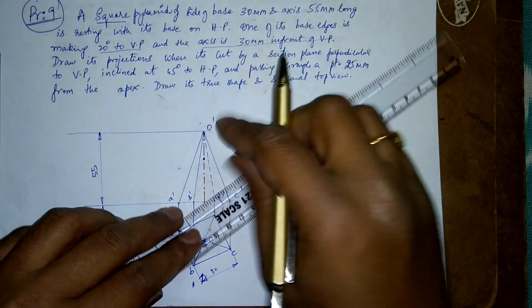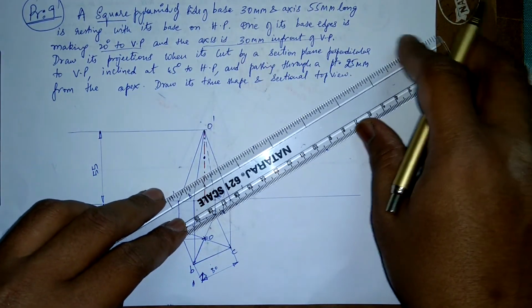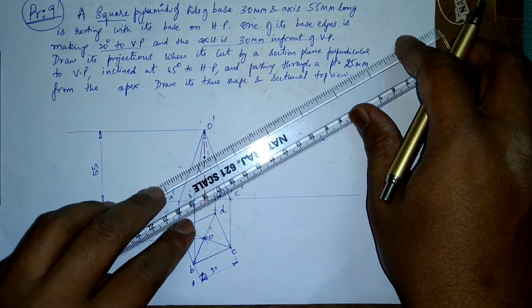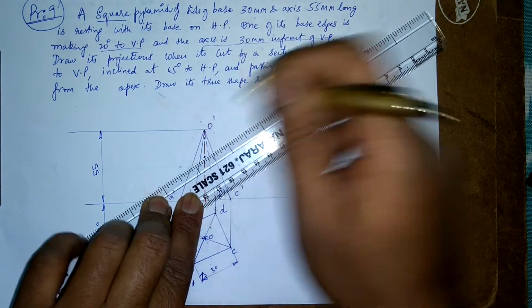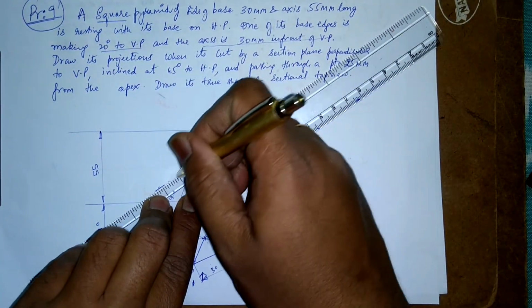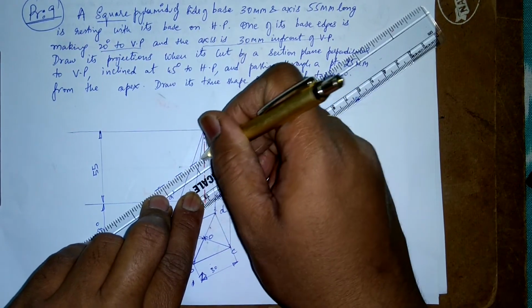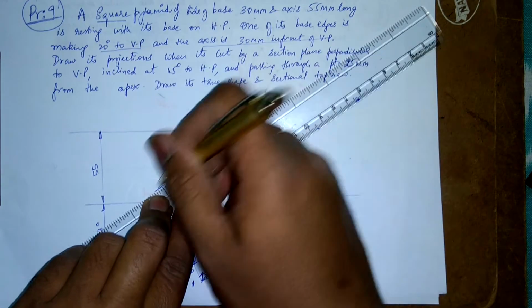So I'll locate the point 25 mm from the apex, and then set a 45 degree angle, and start cutting this like this. This is pretty much similar to what you've done earlier, but we'll see if there is any difference.